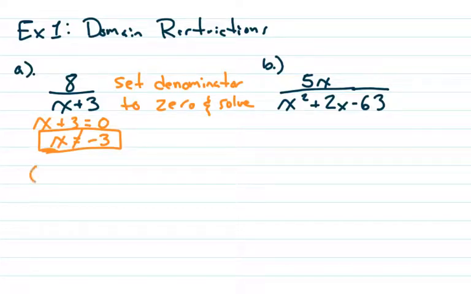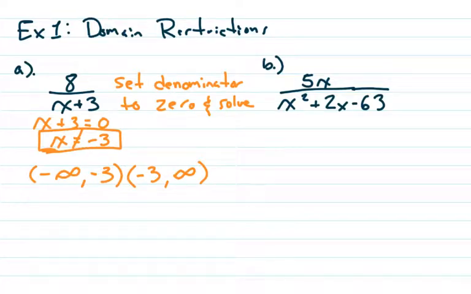So you can write it as the domain, excluding the restriction: negative infinity to negative 3, and then negative 3 to positive infinity.